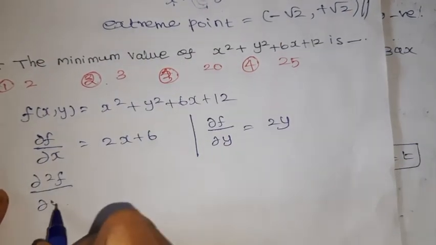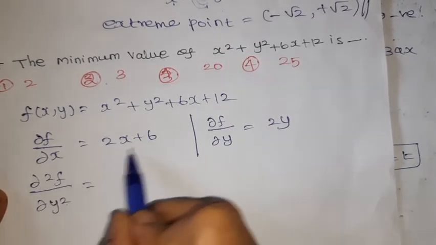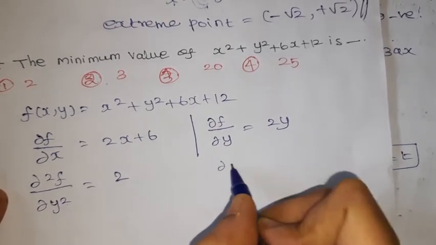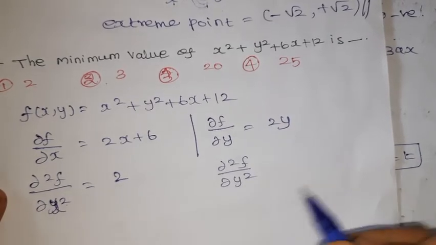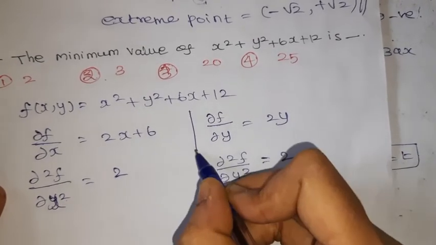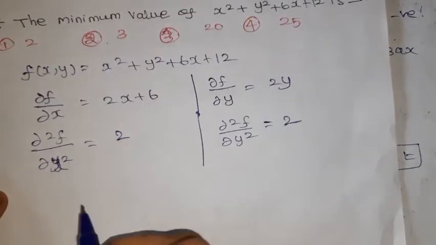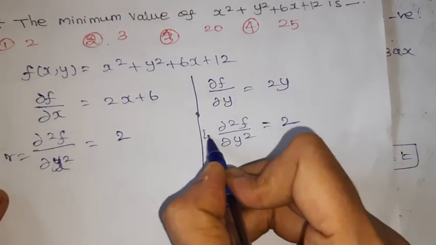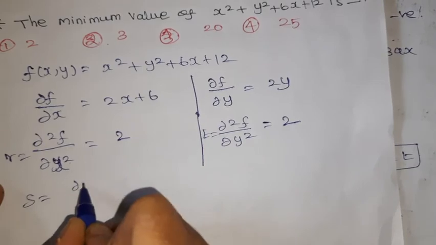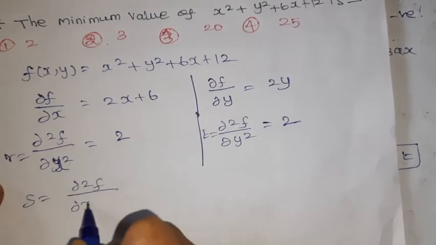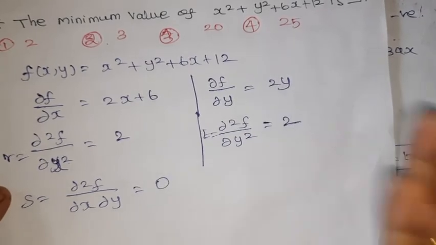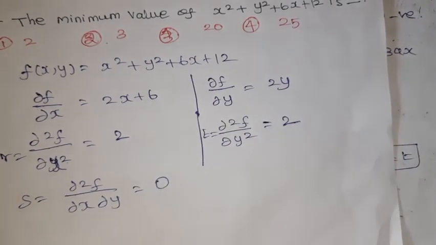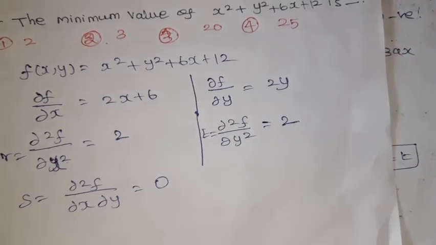Then dou squared f by dou x squared is nothing but 2. Then dou squared f by dou y squared is also 2. This is R, this is T. What is S? Dou squared f by dou x dou y. Differentiate with respect to x, nothing, so the differentiation is 0.